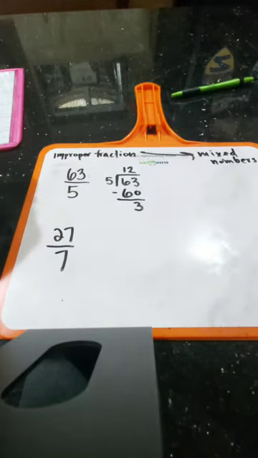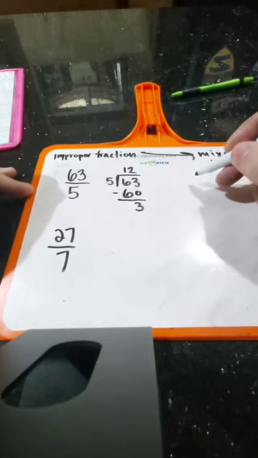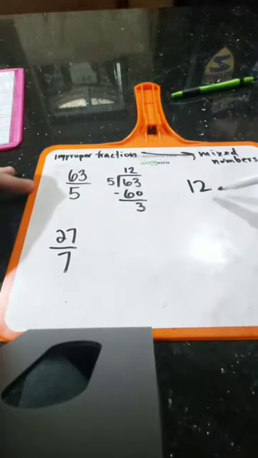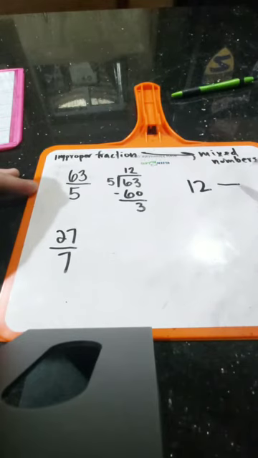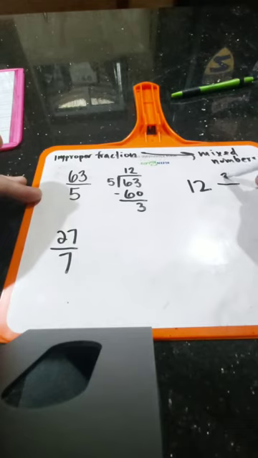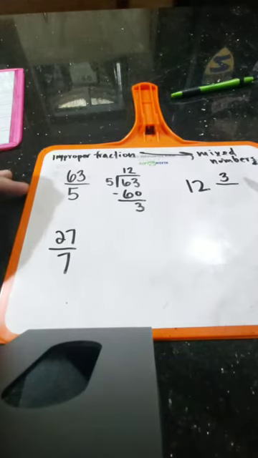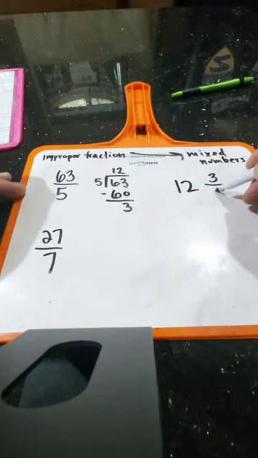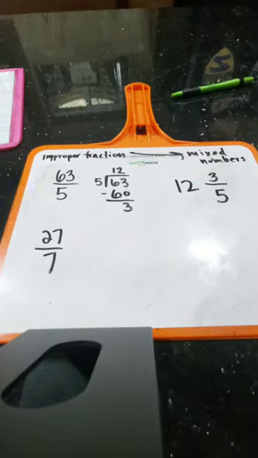That tells us everything that we need, because our whole number is 12, meaning that 5 can go into 63 12 times. Our leftover is 3, which becomes our new numerator, and our denominator stays the same. So our answer here is 12 and 3 fifths.